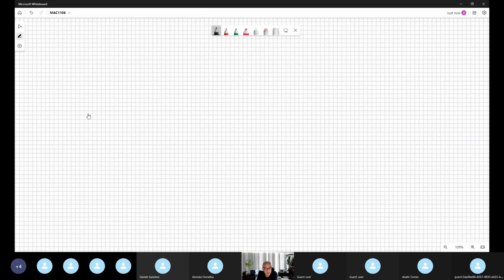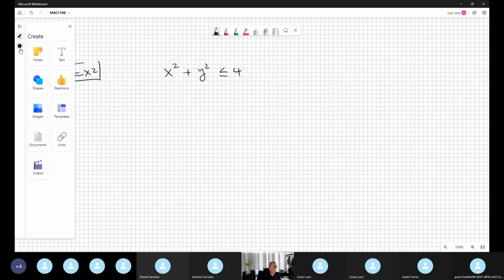Example 2 says, suppose this, x squared plus y squared less than or equal to 4. Okay, let me try to do it by hand first. Personally, I don't like by hand, but okay.